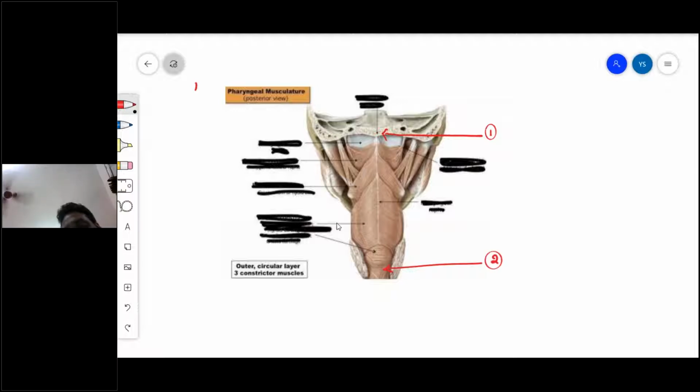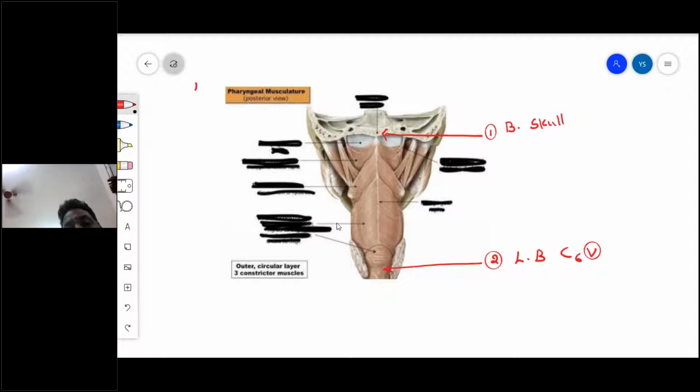This is the extent of the pharynx from the base of the skull to the lower border of the C6 vertebra. In another sagittal section picture, I'm going to show you the exact lower border of the C6 vertebra.